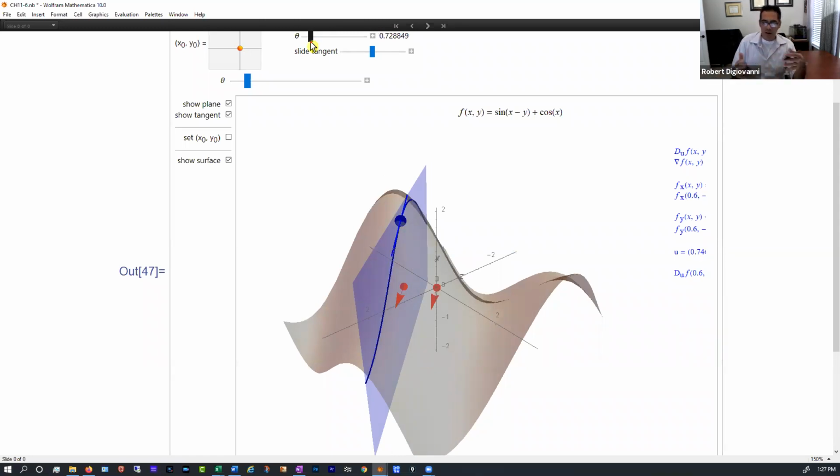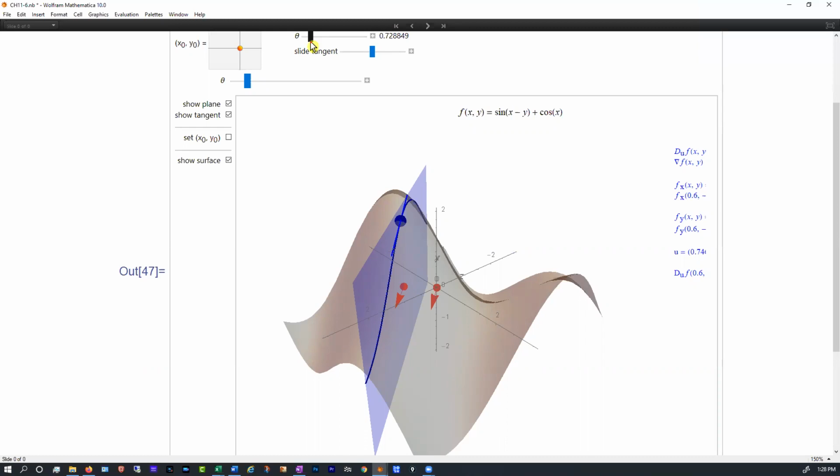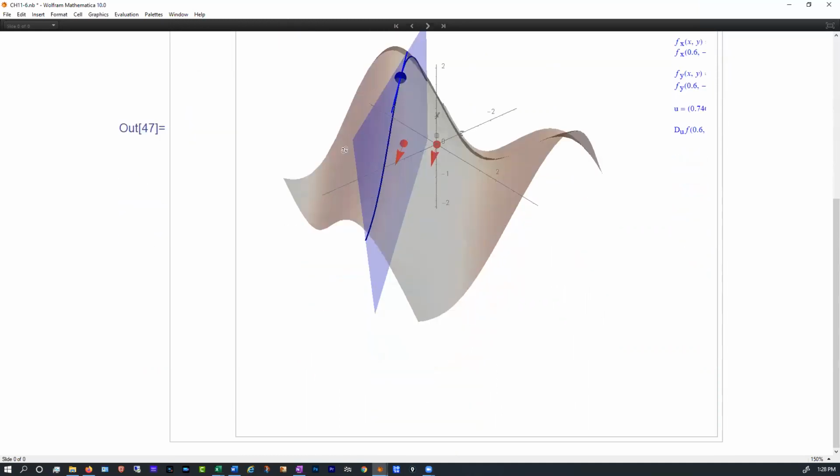It's not one or the other. It's some weird combination of the two. So do y'all understand? That's the goal right now, to see if we can come up with a formula that will give us the slope of the tangent line if we point in some arbitrary direction. Is that clear? Okay. Now, here's the formula.